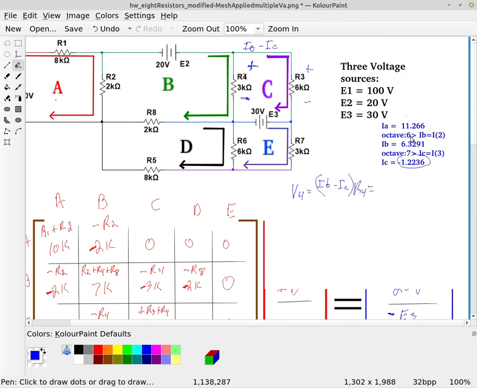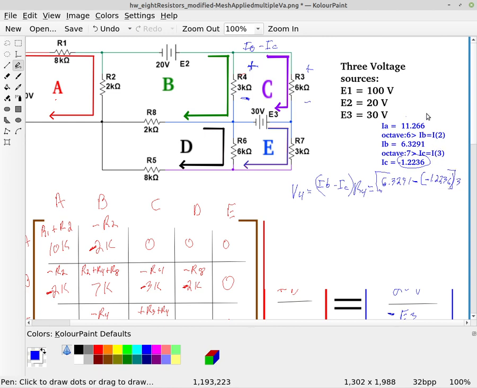IB is 6.3291, minus IC, but IC is a minus 1.2236, and all of this is multiplied times the 3 kilo ohms.